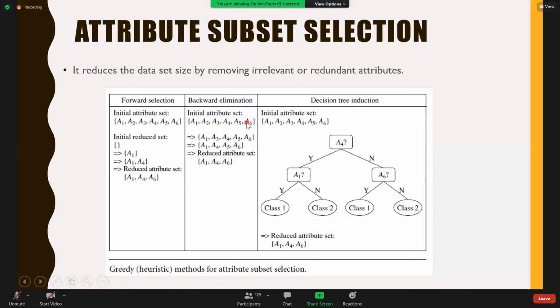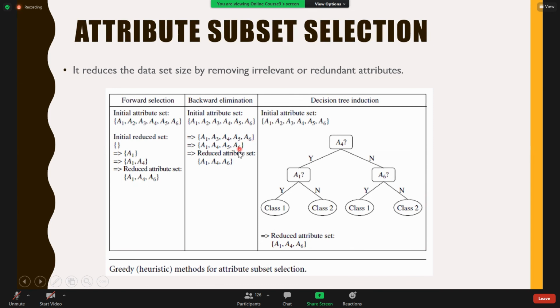Next, backward elimination. In this technique, the initial output set starts with the input. In backward elimination, input is the same as output at the first step, and later we go on eliminating the irrelevant attribute at each step. Among A1, A2, A3, A4, A5, A6, A2 is found as the irrelevant attribute, so in the first step itself, A2 is eliminated.